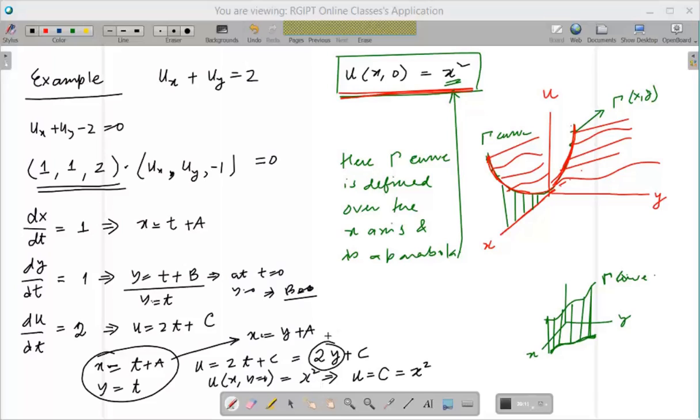At t equal to 0, I have the condition where c is equal to, and x would be equal to a, right? So that would imply at y equal to 0, x is going to be equal to a, so c will be equal to a squared.